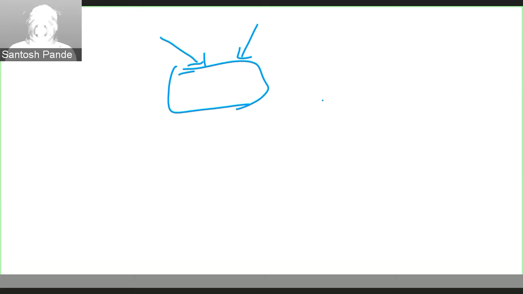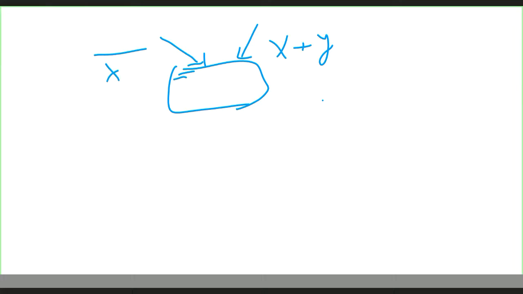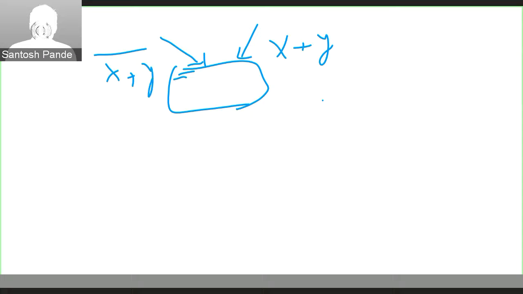So here is my expression x plus y, which is available along this particular path and is not available along this path. Let's just call it not available with this bar. So x plus y was not available here, and so we need to cover this expression along this edge, where I put a check mark.